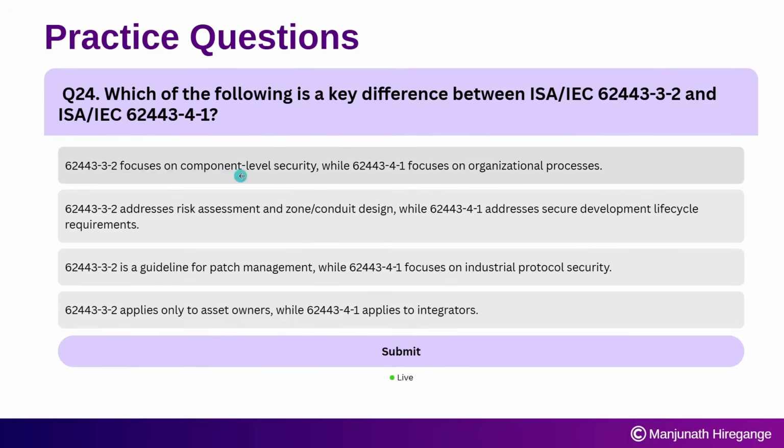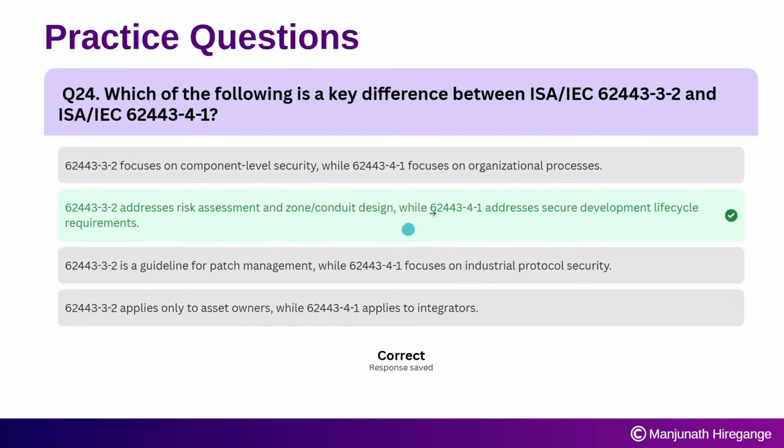So 3-2 focuses on component level security and 4-1 focuses on organizational process. 3-2 addresses risk assessment, 4-1 addresses security development life cycle requirements. 3-2 is a guideline for patch management, while 4-1 focuses on industrial protocol security. 3-2 applies only to asset owners, 4-1 applies to integrators. So if you remember that, you can easily answer. That is 3-2 is the risk assessment, 4-1 is SDLC process. So the right answer is B.